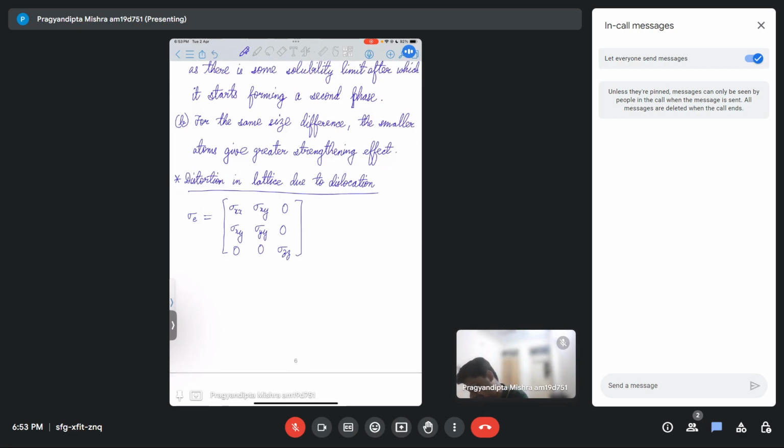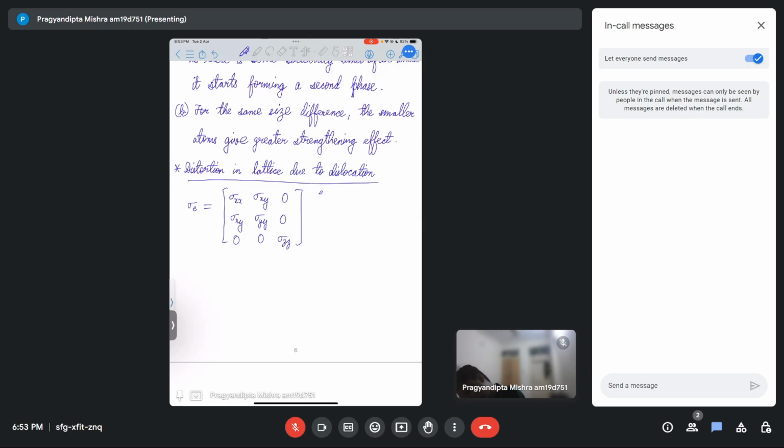So essentially, in edge, we will have both shear and tensile or compressive stress fields. So that is what we see in edge.